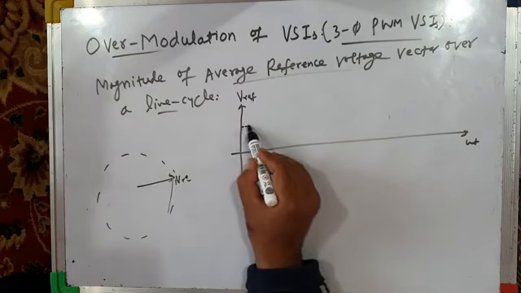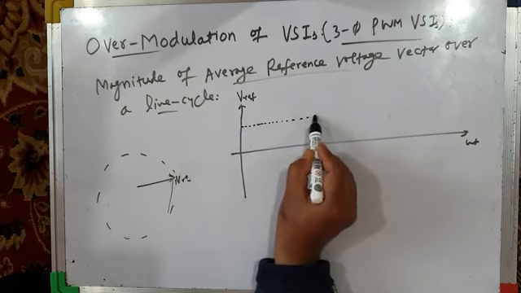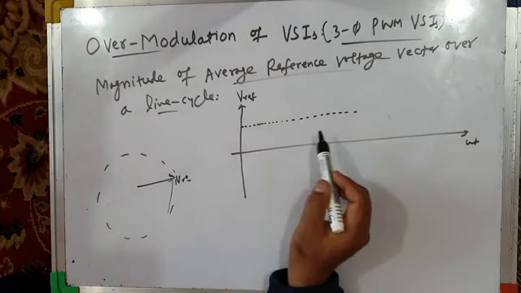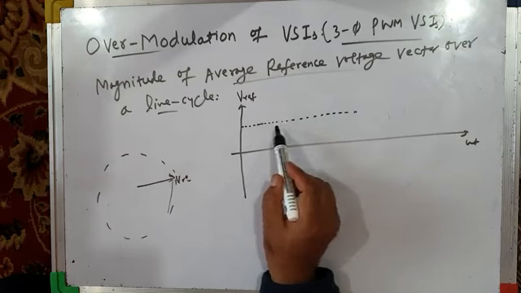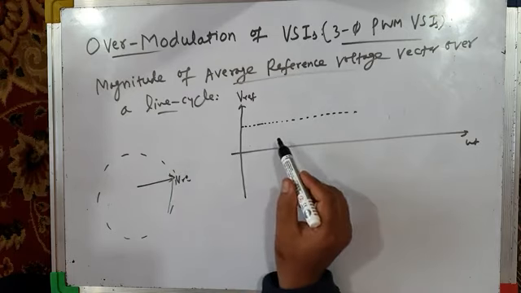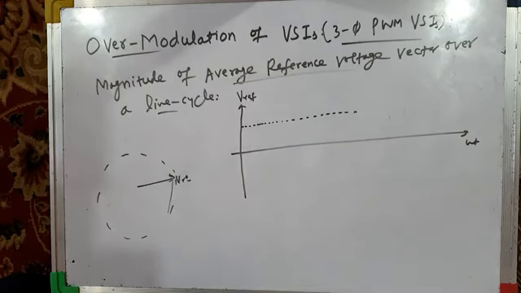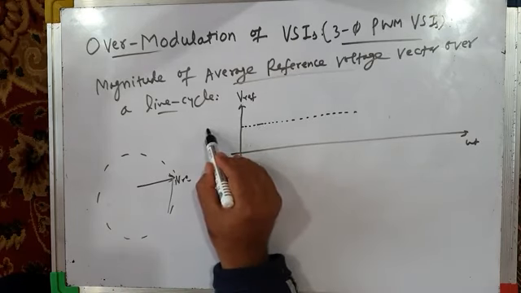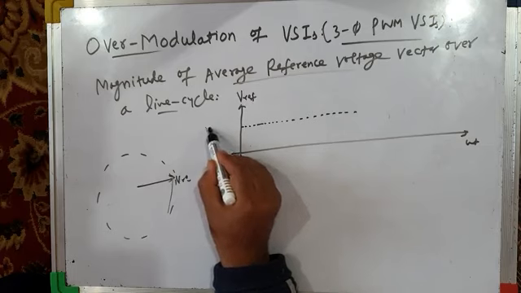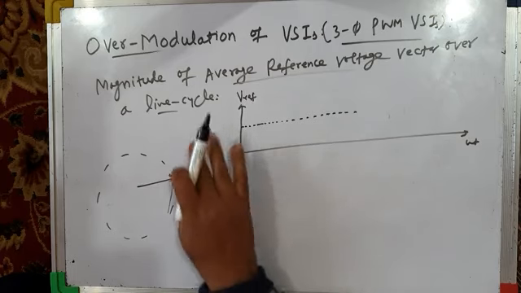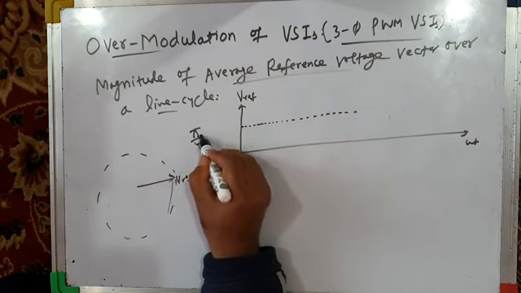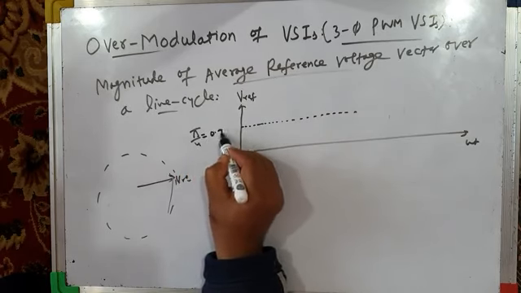We have seen this while studying conventional space vector PWM or bus clamping PWM techniques. So under modulation, when we are not operating our inverter in over modulation mode, it has a fixed, constant value, and its constant value is given by pi by 4, and pi by 4 is 0.75.